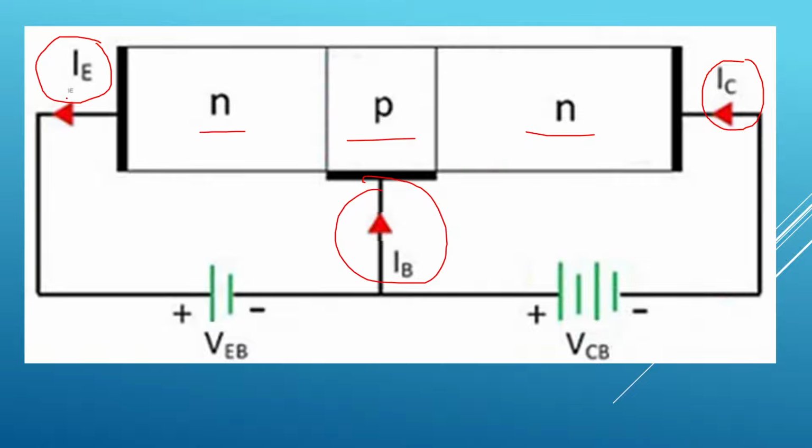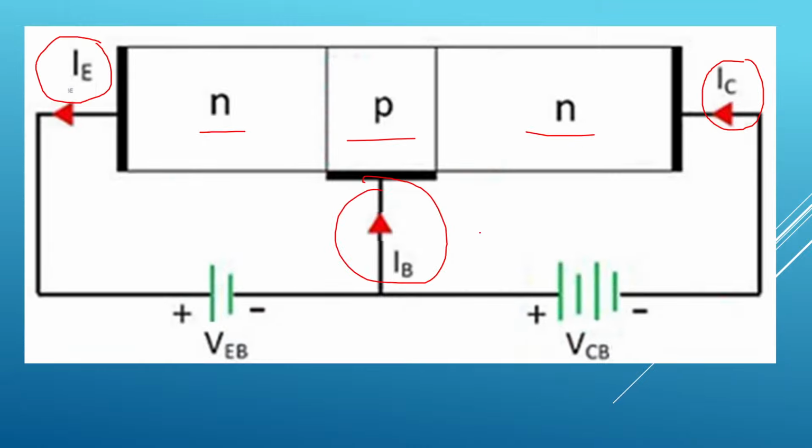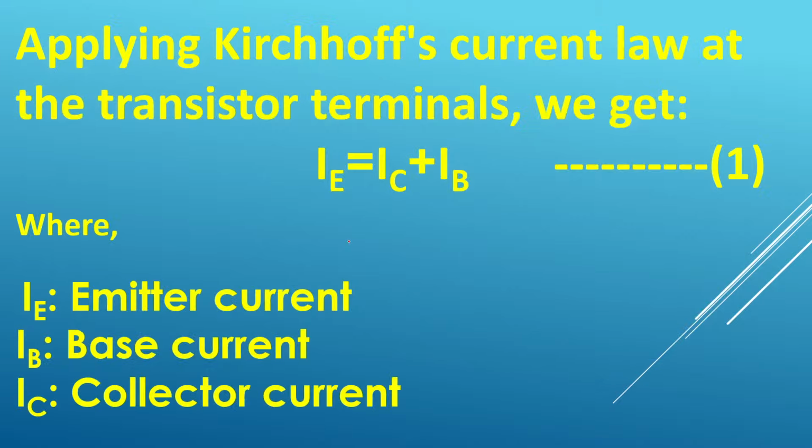So I can say IE is equal to IB plus IC. Whether it is PNP or whether it is NPN, by applying Kirchhoff's current law, you get the same relationship.